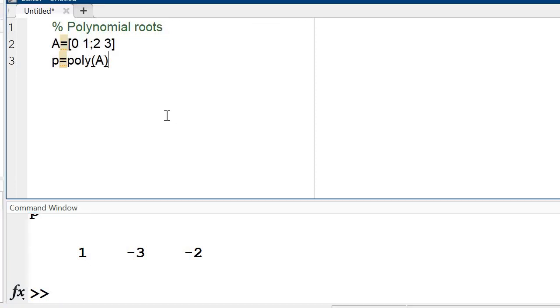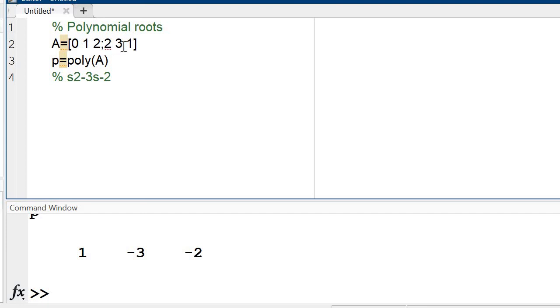It means s square minus 3s minus 2. This is the polynomial function of a 2 by 2 matrix, or you can find it for a 3 by 3 matrix. Very simple concept, 3 by 3 is also there.